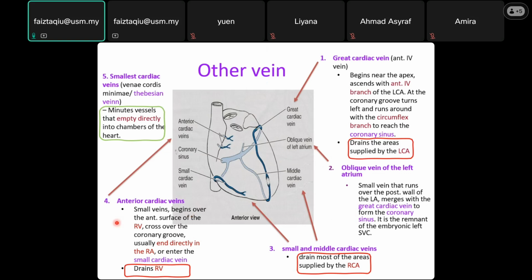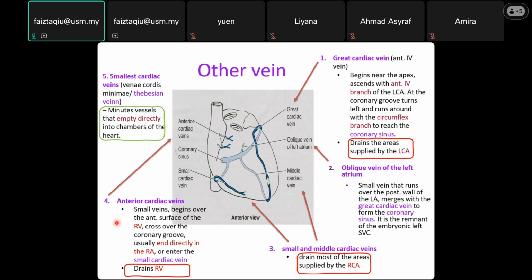These small veins begin over the anterior surface of the right ventricle, cross over the coronary groove, and usually end directly in the RA or enter the small cardiac vein. They drain the right ventricle. The last are the smallest cardiac veins, the venae cordis minimae or Thebesian veins. These are minute vessels that empty directly into the chambers of the heart.